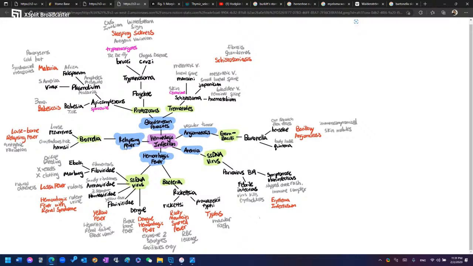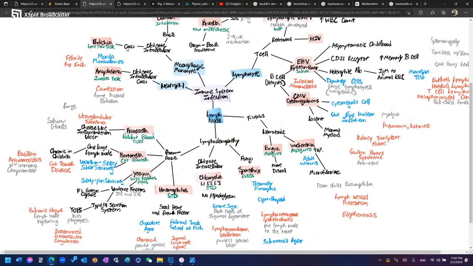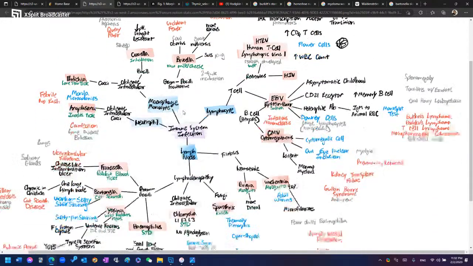Borrelia versus Bartonella is going to be a little rough. Rickettsia, you can think about as well. Okay, so pretty rough. Now let's compare over to immune system infection.